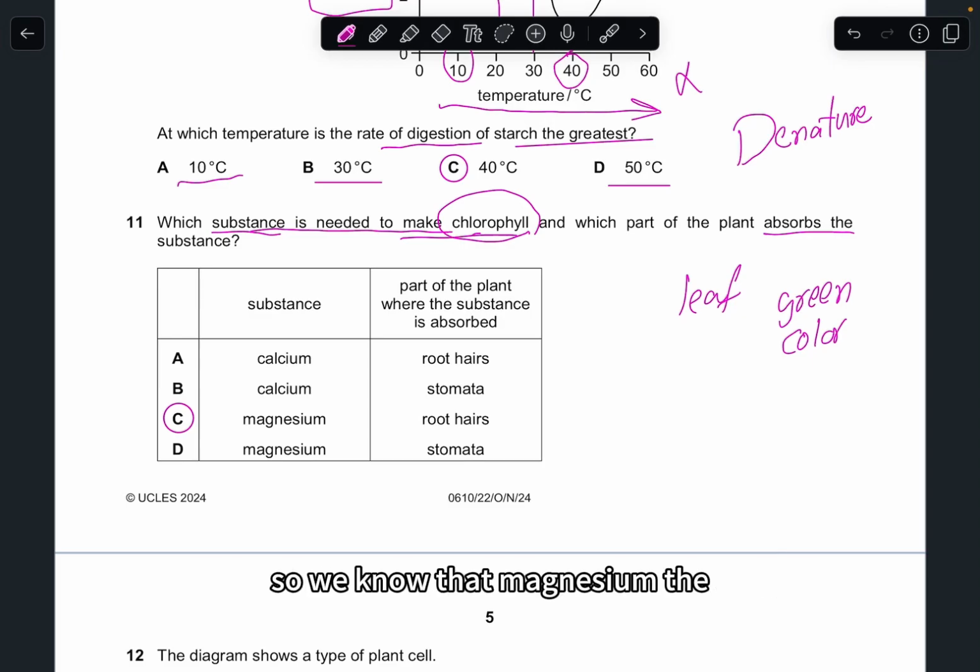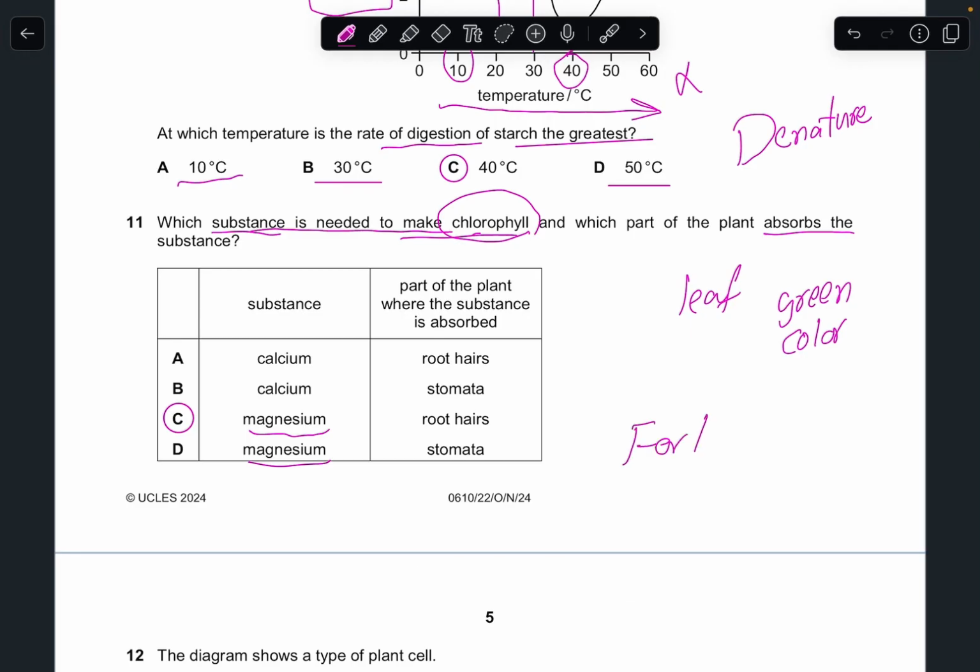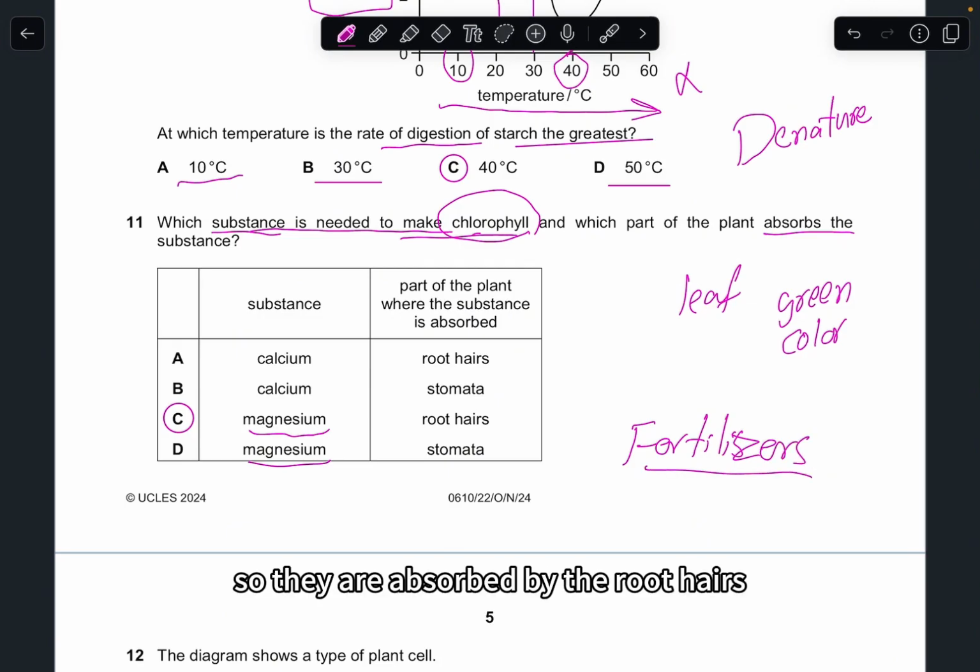So we know that magnesium ions are in the fertilizers. They are absorbed by the root hairs.